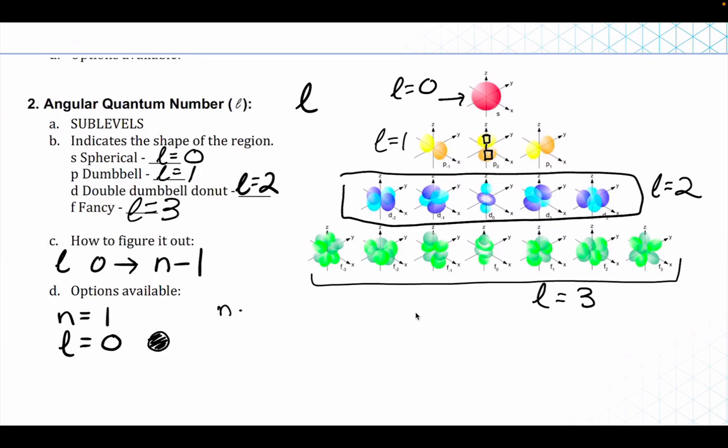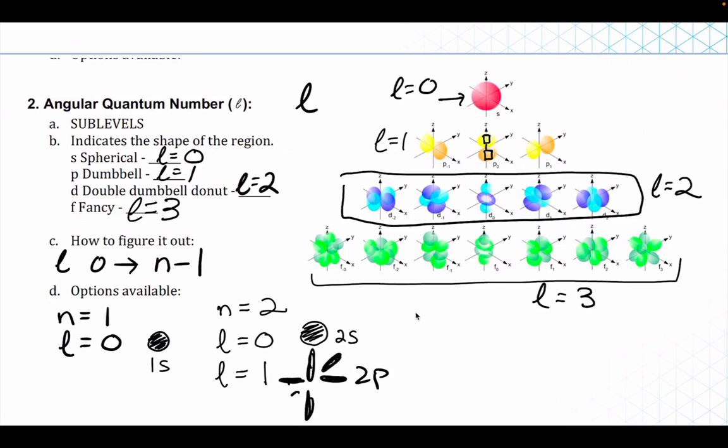If n equals 2, I'm going to still have L equals 0, but I'm also going to have L equals 1. So I'm going to have another S, a 2s. This would have been 1s. So another S shape, but in the second energy level. And now I'm going to have the P, which we'll call the 2Ps, because they're in the second energy level.